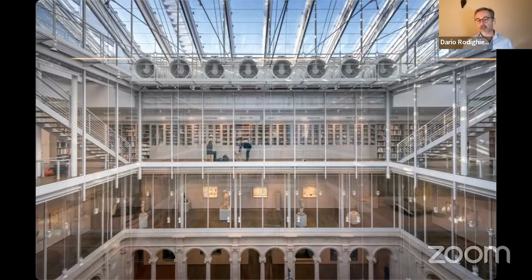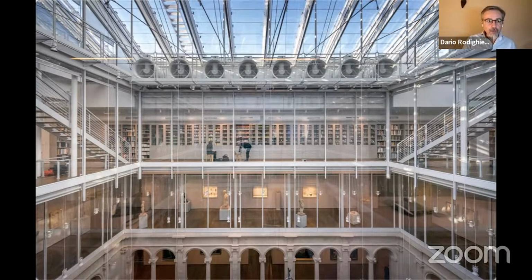And this is very important because when you go to a museum, you see just a small percentage of the belongings of the museum. And in this case, over the whole history of this museum, the galleries were able to show just 1% of the total amount of items they have in the archives.